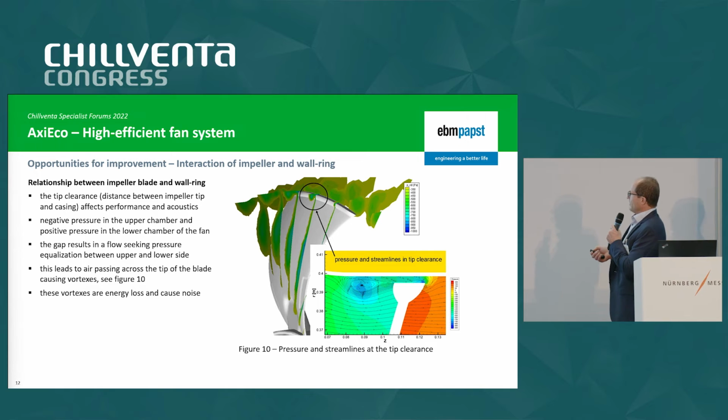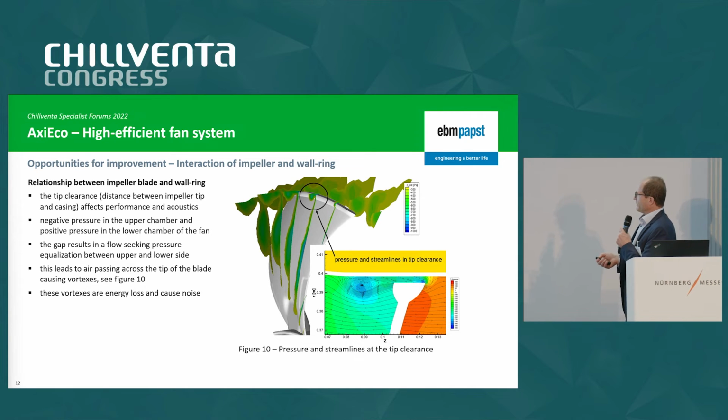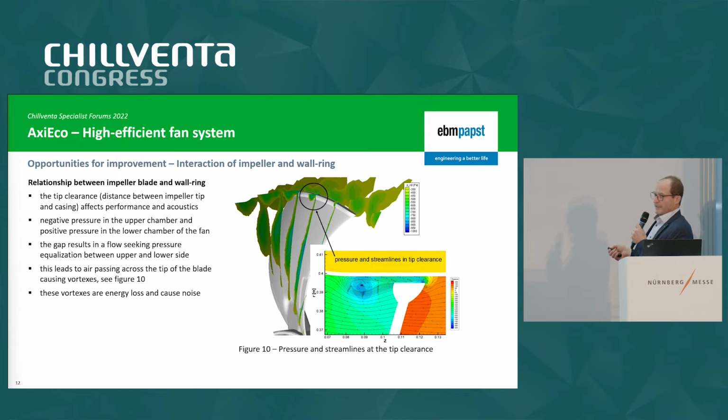And what the effect here is, we have a low pressure area here, and we have a high pressure area here. And that means, as we have a certain tip clearance, a certain gap here between the blade tip and the wall ring, this pressure difference tries to drive the air somehow backwards to the fan.